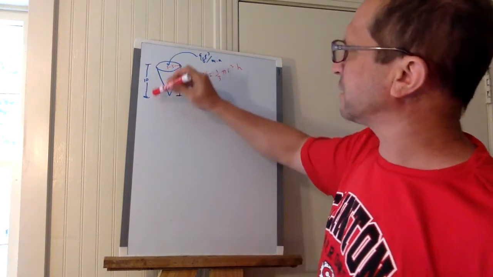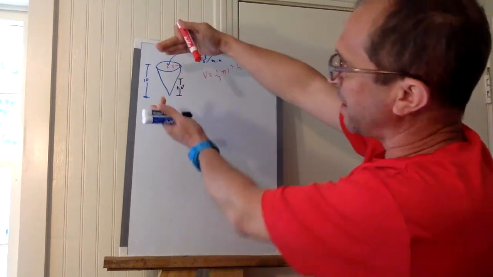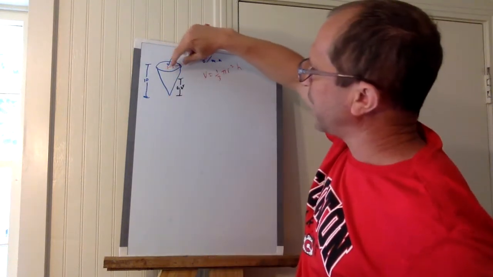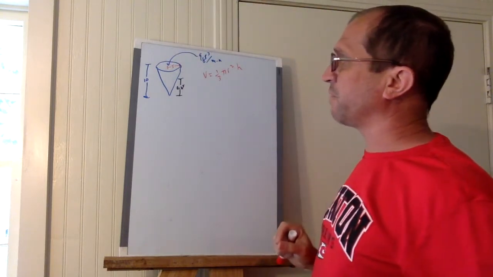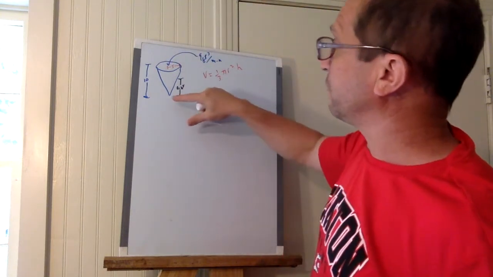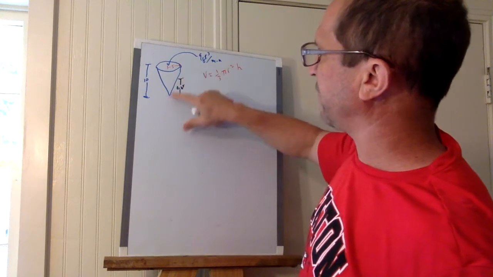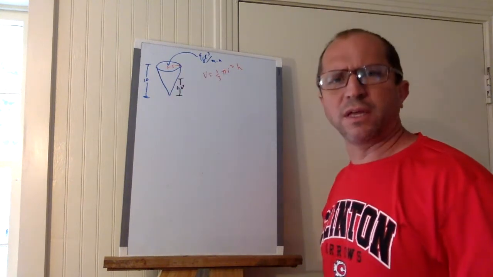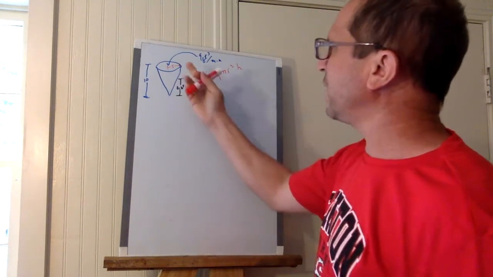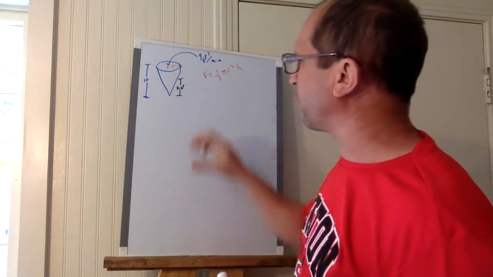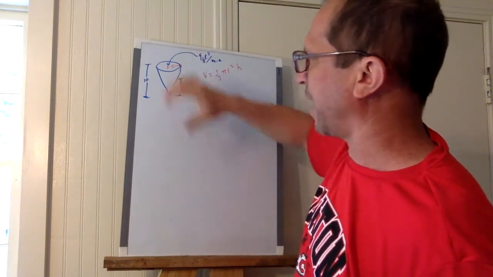The height of the entire cone is 10, and the radius of the entire cone is 5. So because you have a linear slant on the cone, the radius is always going to be half of the height, no matter where you are.